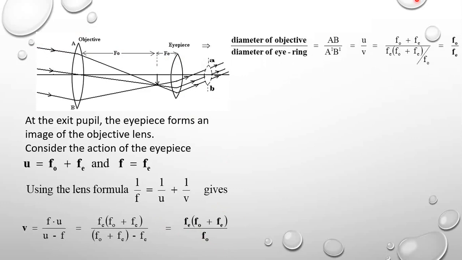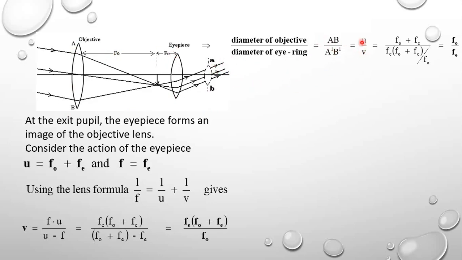Now the diameter of the objective over the diameter of the eye ring, so if I look at the diameter of the objective, AB, divided by the diameter of the eye ring, which is A'B', that is also going to be equal to u divided by v.